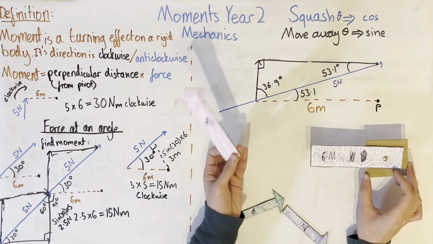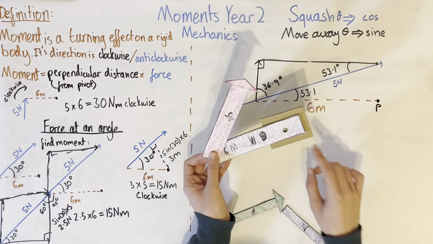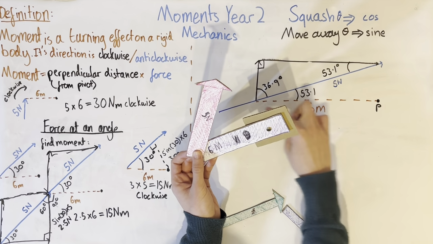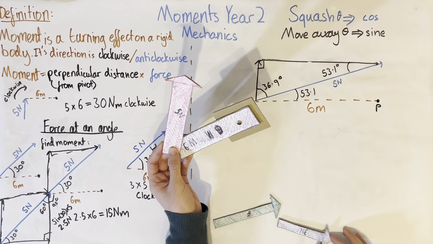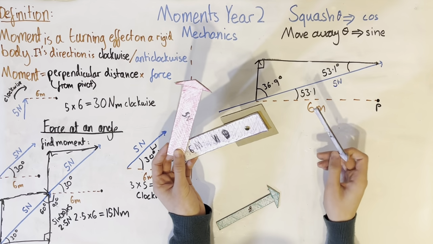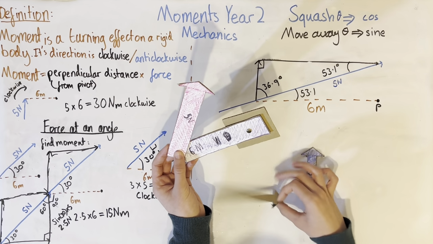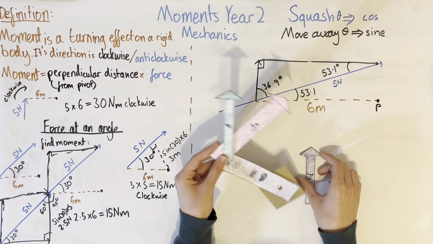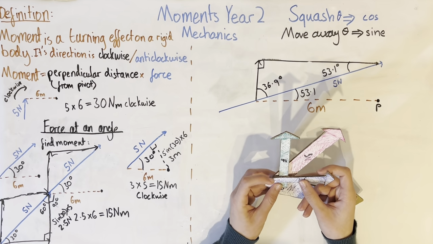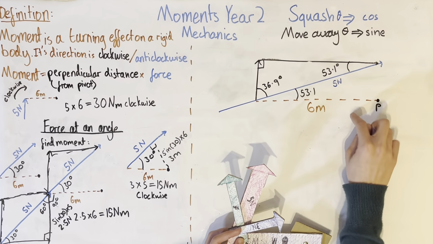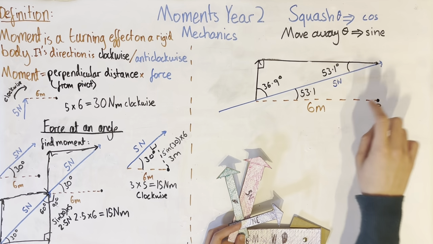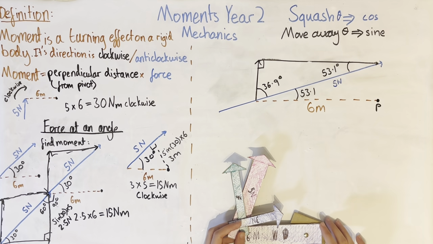We've got a force of 5 newtons, which is 53.1 degrees from 6 meters. We know what the forces are right here, but let's try and figure out what the moment is using the squash move away method.